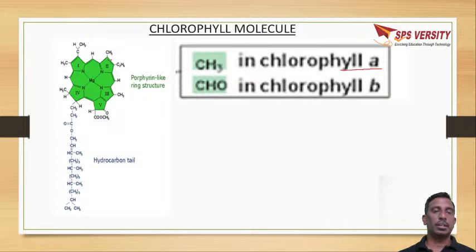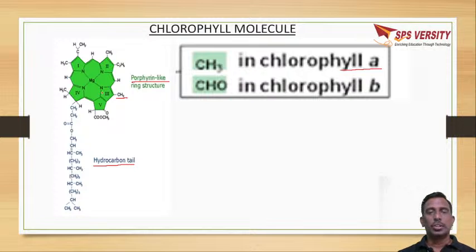It has a porphyrin-like ring structure and a tail, that is a hydrocarbon tail. Chlorophyll A and chlorophyll B are more or less the same. The only difference is one group: the methyl group in chlorophyll A is instead a CHO in chlorophyll B. Remaining all same. In the porphyrin head, there is magnesium which is surrounded by nitrogen.